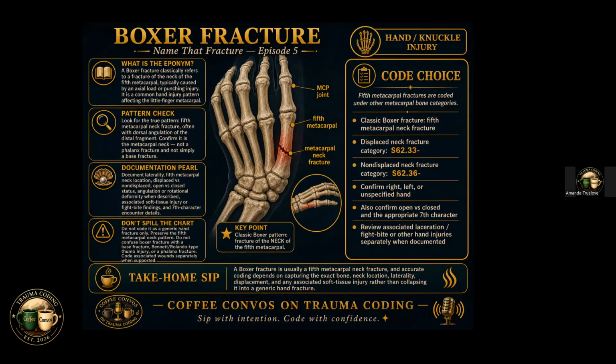You still have to confirm that with the documentation for that anatomy of that fracture. So your take-home sip is pretty simple, right? A boxer fracture is usually a fifth metacarpal neck fracture, and even common hand injuries still require precise location and pattern detail.